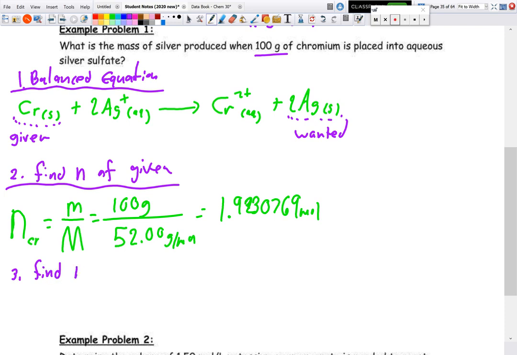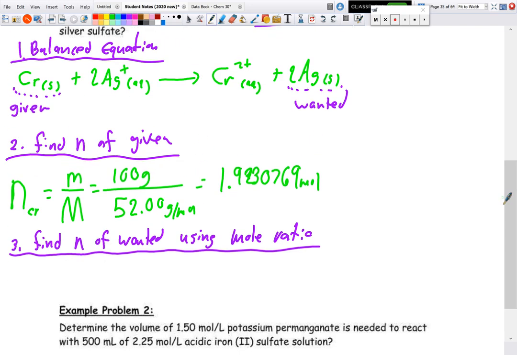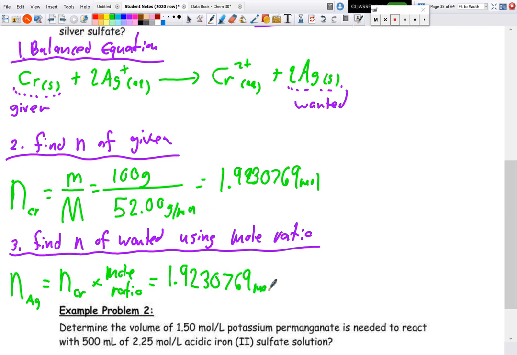So next we can move on to step 3, find the number of moles of our wanted using the mole ratio. Our wanted is silver. We take the number of moles of chromium and multiply by our mole ratio. This is why we need the balanced chemical equation, because the mole ratio comes from the coefficients of our wanted substance and our given substance.